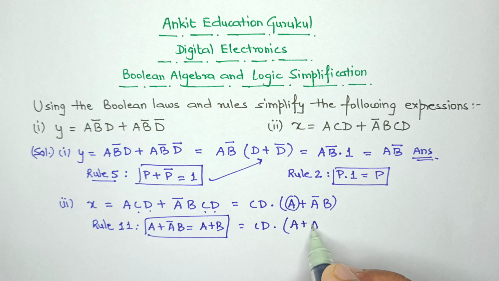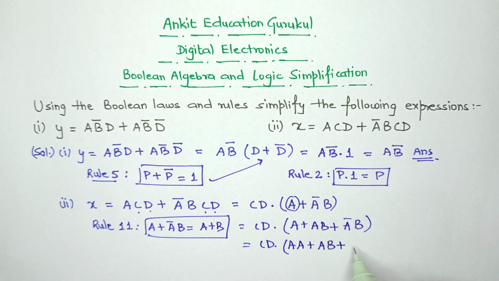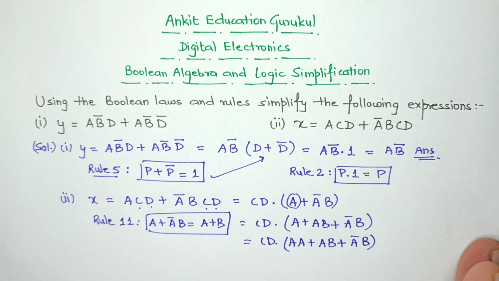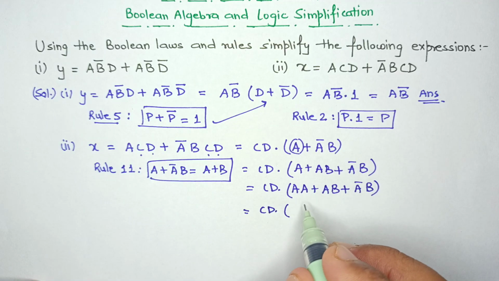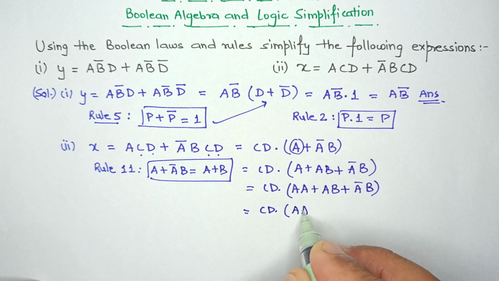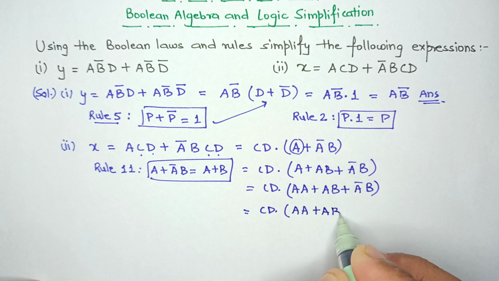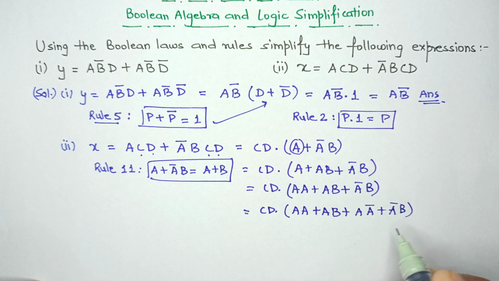So I'll write this as A + AB + A'B. Now we write this A as A multiplied by (A + AB + A'B). Now if you notice, we have four terms, and A·A' is equal to 0. So I'll write this as A + AB + A' + A'B.